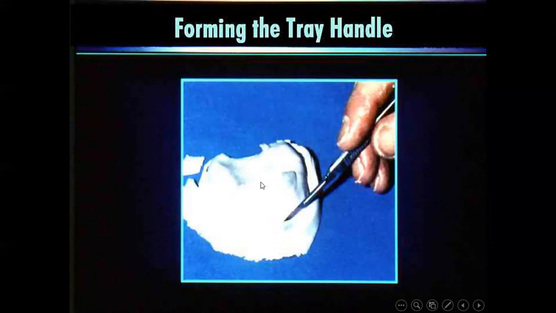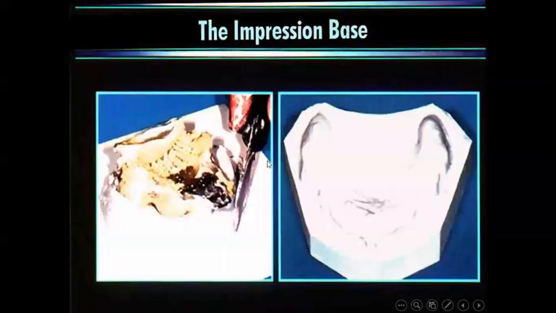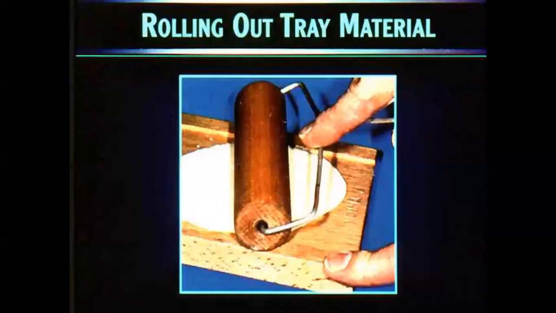The material used is called pure acrylic resin. This is the impression base. We can roll the material with a roller. This is the acrylic resin dough that will form the special tray.